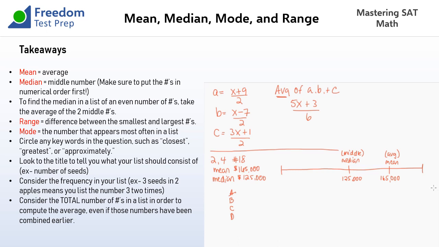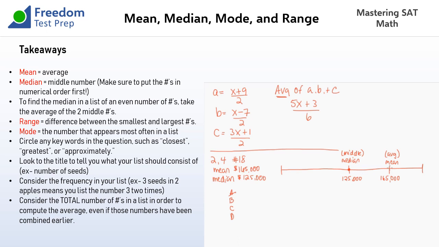Now B says there are a few homes that are valued much less than the rest. Now let's just take this and get into what this means. The middle is, well, it's the middle. That means there are the same number of homes on this side as there are on this side. Now, it doesn't tell us anything about what the values are of those homes.